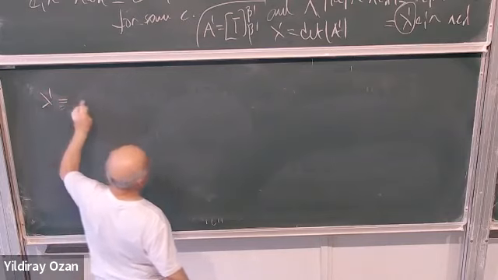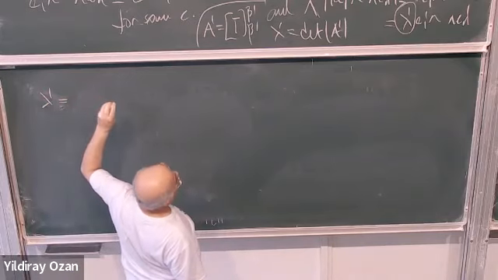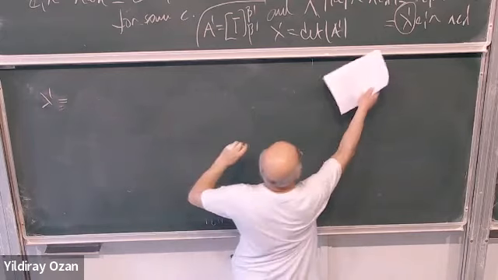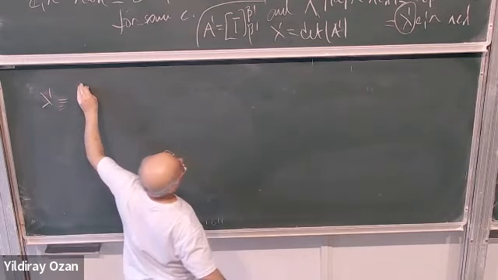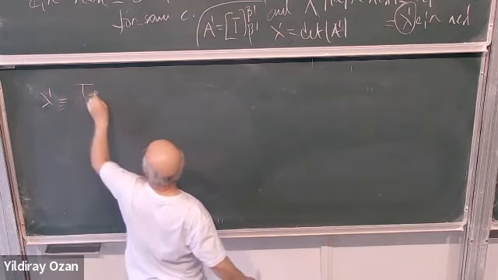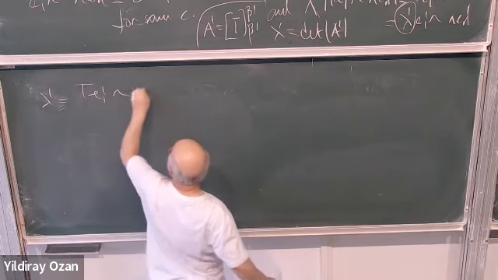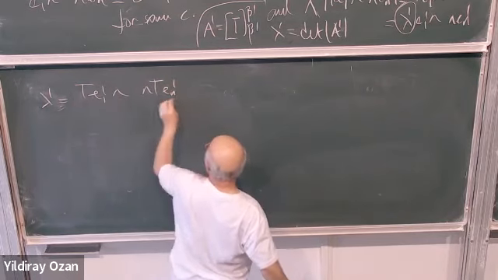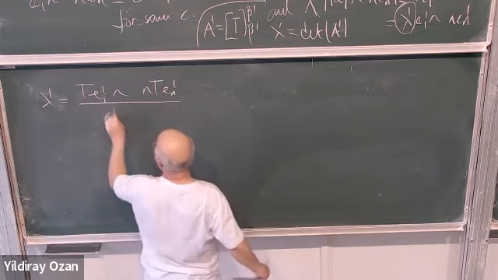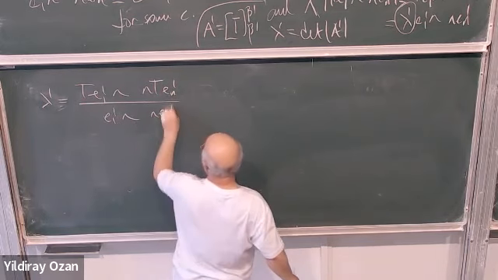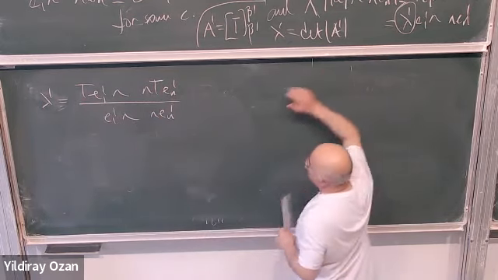Lambda prime is just this expression, right? Lambda prime is just T of E1 prime wedge T of En prime divided by E1 prime wedge En prime, right?